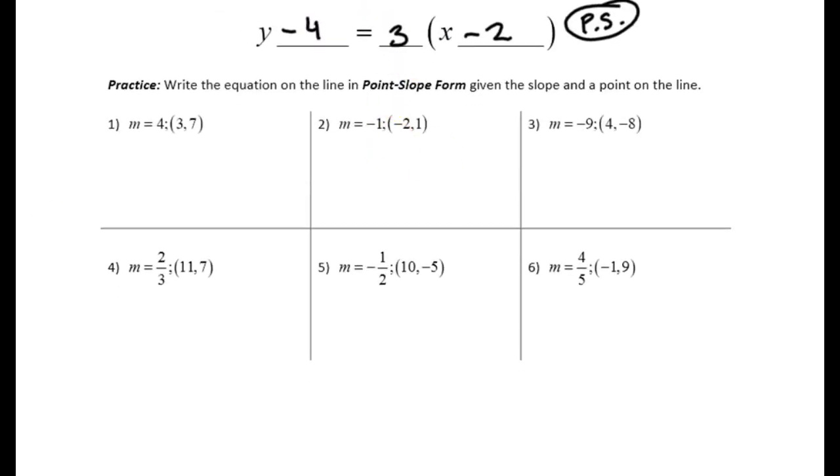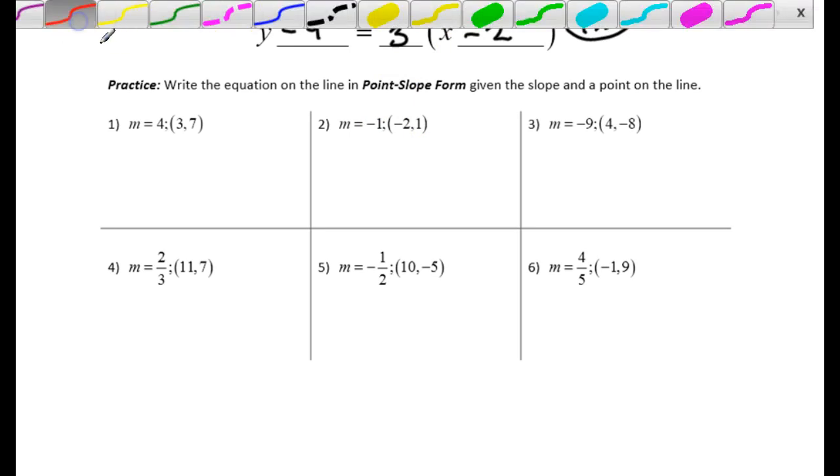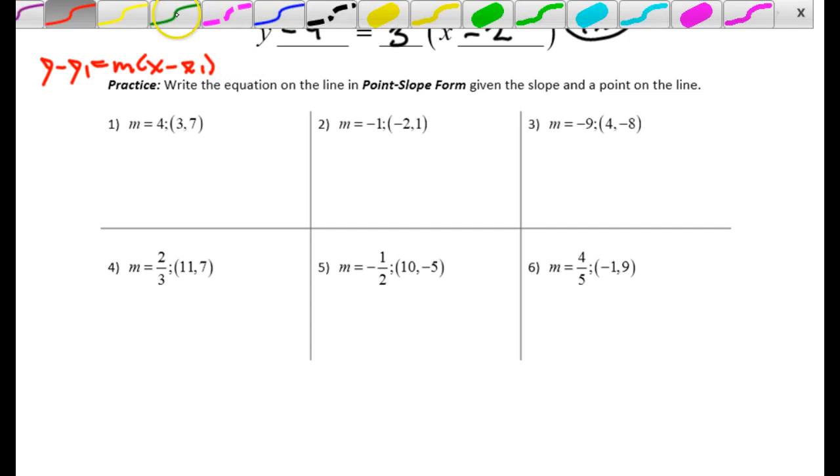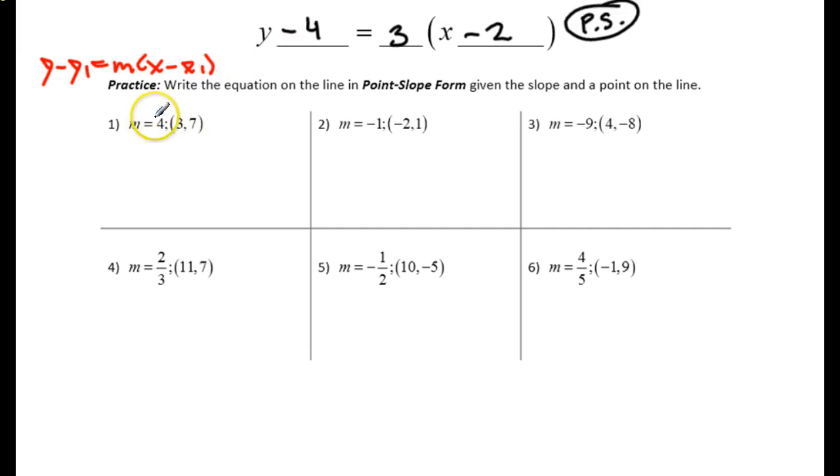Okay. So once again, we want to have this memorized, so it might help to write the formula again. y minus y1 equals m times (x minus x1). Okay. So once you have the formula memorized, it's really simple. So in this case, we have a slope of 4, and it goes through the point (3, 7).